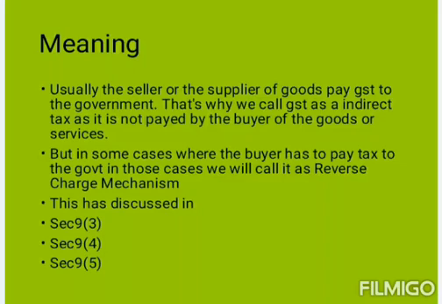So here the one thing you already know is that usually the seller or the supplier of the goods pays GST to the government, right? As you know, the end customers will not pay directly to the government. We previously had so many indirect taxes, but for now we have GST.